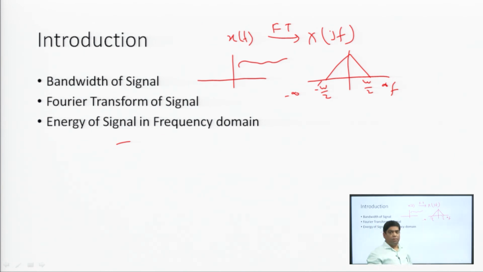So 0 to W by 2 will be the bandwidth of the signal.